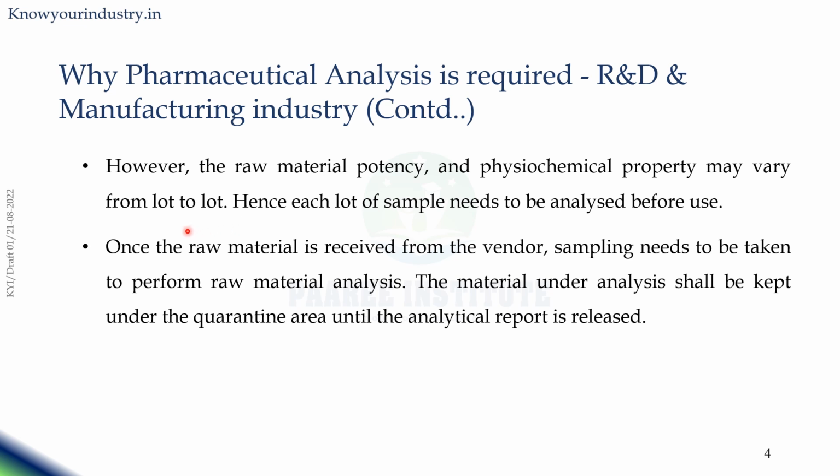So every time you purchase, it has to be tested. Hence each lot of the samples needs to be analyzed before use. Once the raw material is received from the vendor, sampling needs to be done to perform raw material analysis. The material under analysis shall be kept in the quarantine area until the analytical report is released.